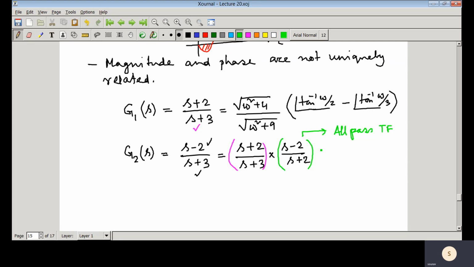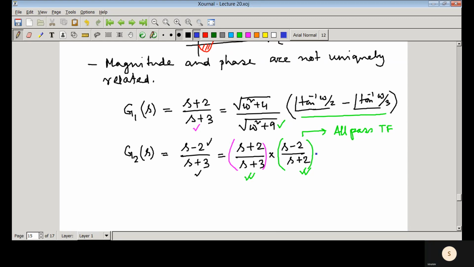Now let us see what would be the angle. For this particular transfer function, we have that gain and this particular phase, but this particular term is introducing some extra phase. What is that?